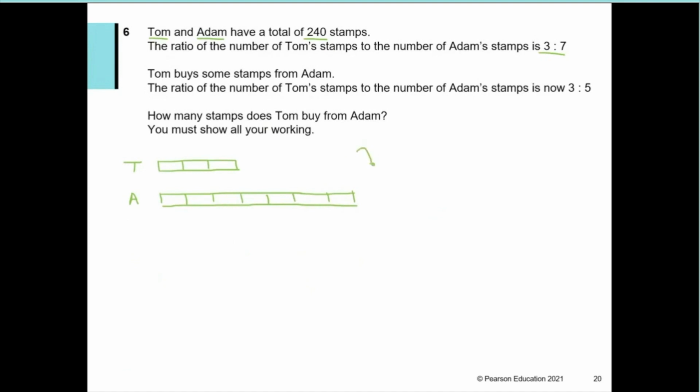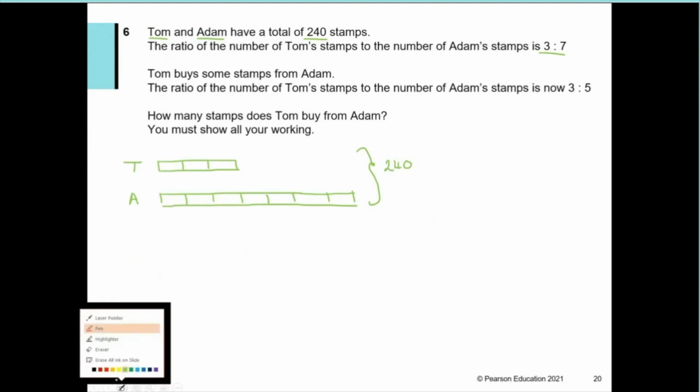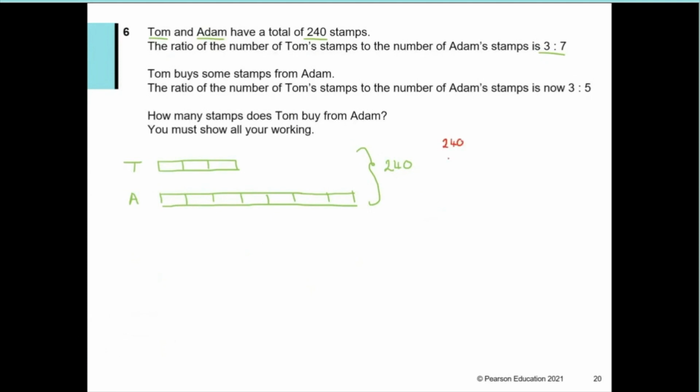And I know that all of that represents 240. So I'm going to think, okay, what can I do with that information? Well, I can do 240 divided by 10, which is 24. So I know each one of these boxes is 24.